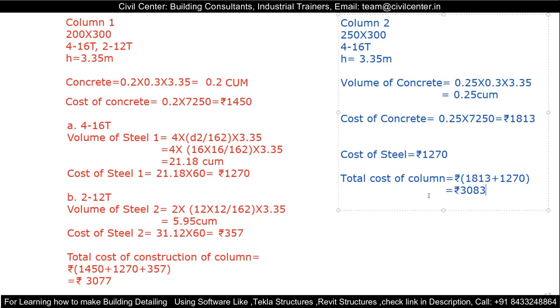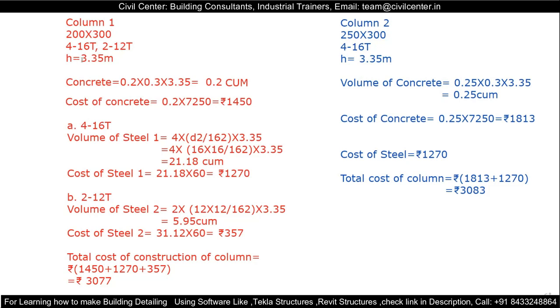So now you can see the difference. By this you can see which column will be economical for you. But over here I have not considered a few points, like if these two bars will be eradicated, then what are the other things?